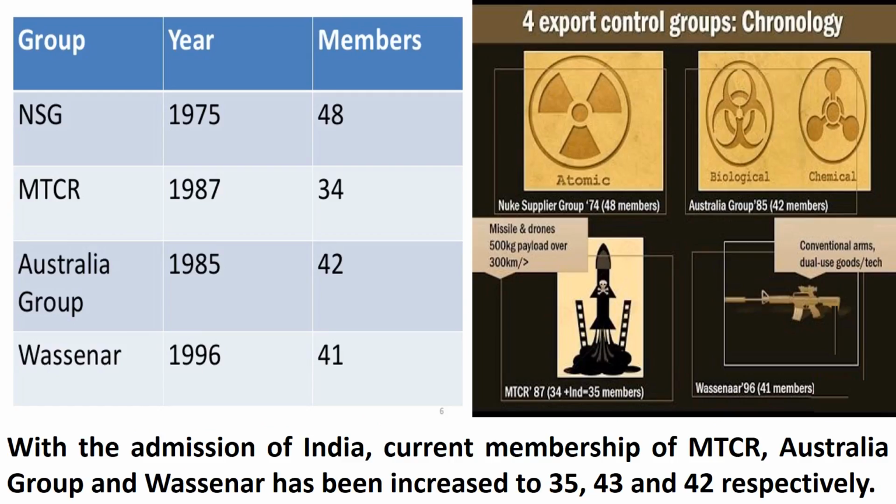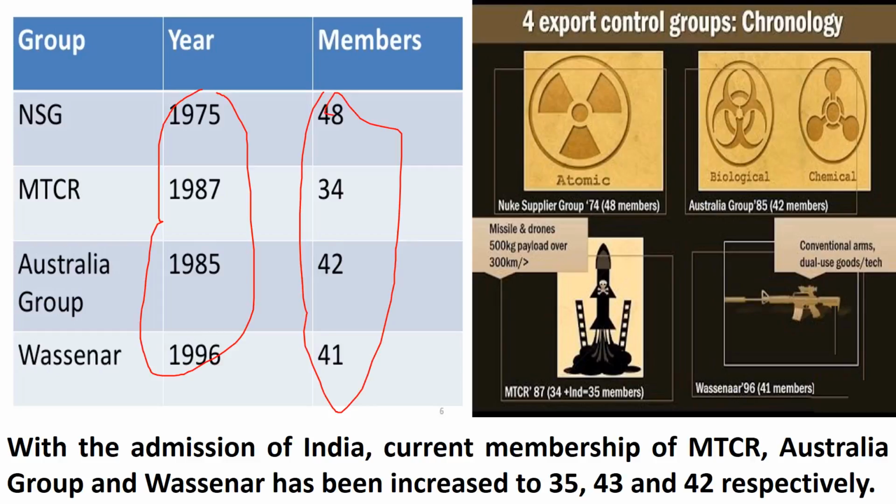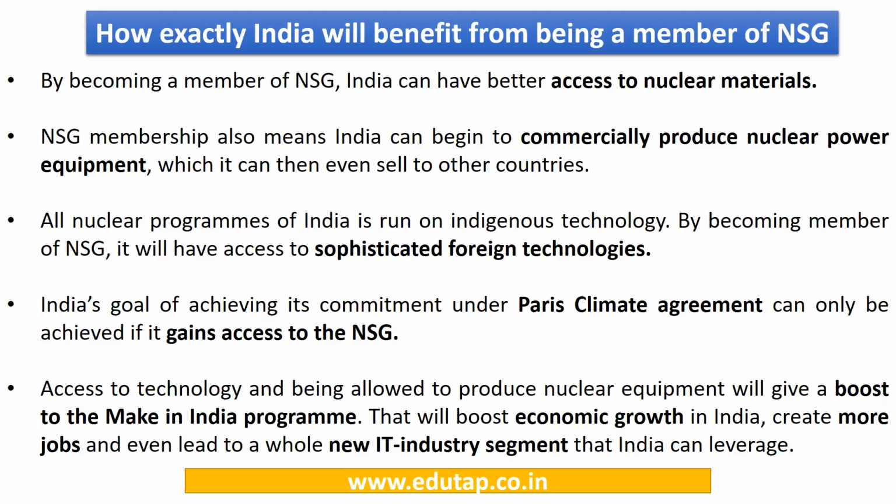This slide shows the summary of all the 4 export control groups dealing with nuclear non-proliferation. I again repeat to remember their year of formation, their members and the specific purpose they are dealing with. Now the question comes, why is India so keen to become a member of Nuclear Suppliers Group?